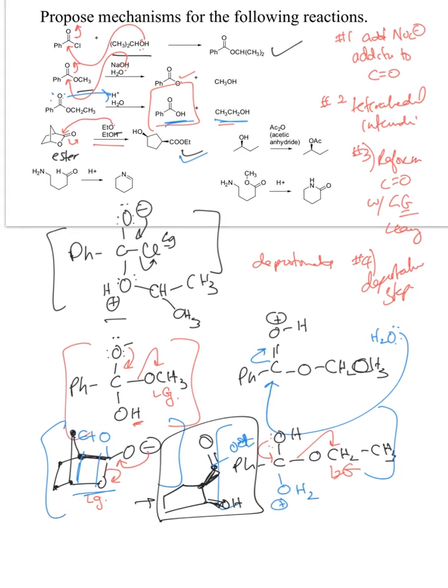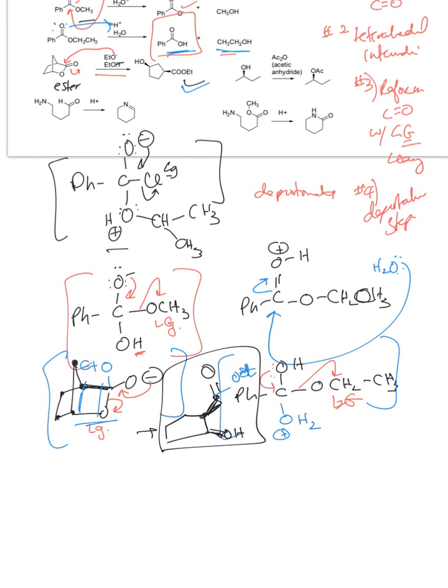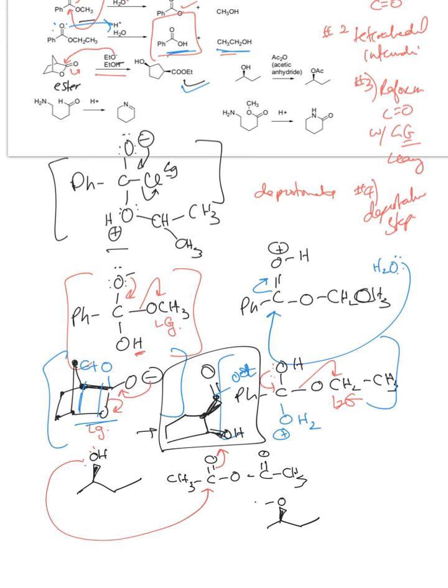Okay, the next intermediate here is acetic anhydride and your alcohol. So your alcohol, go ahead and draw your acetic anhydride out. The nucleophile is going to add there. It's going to form your tetrahedral intermediate. CH3.